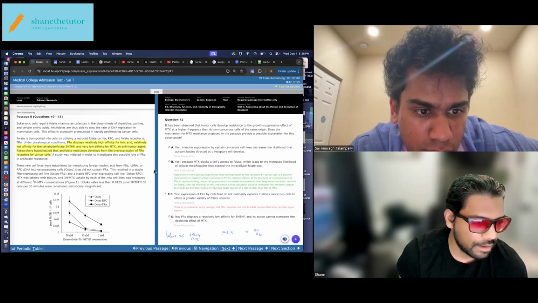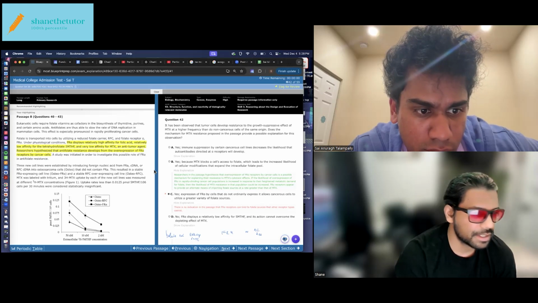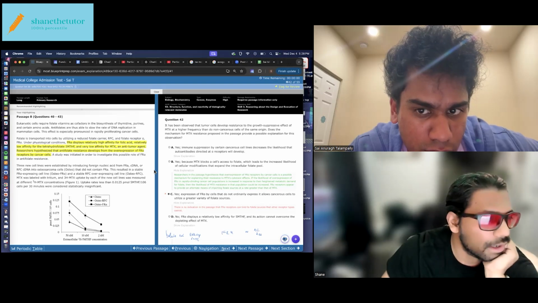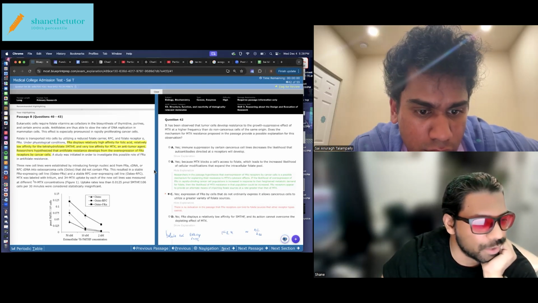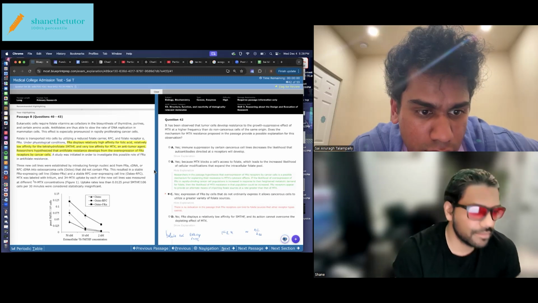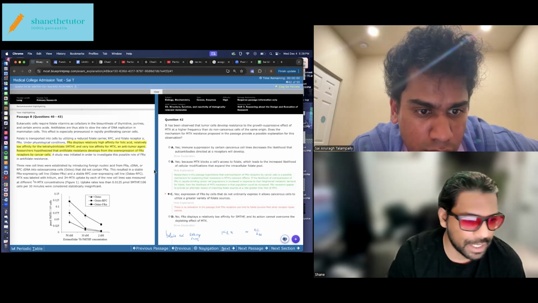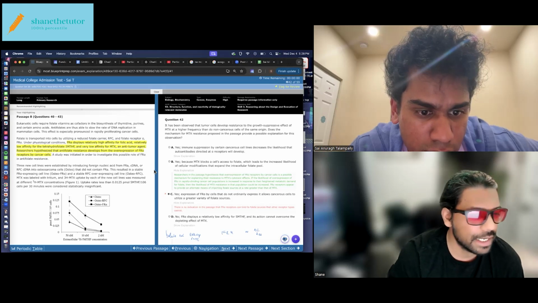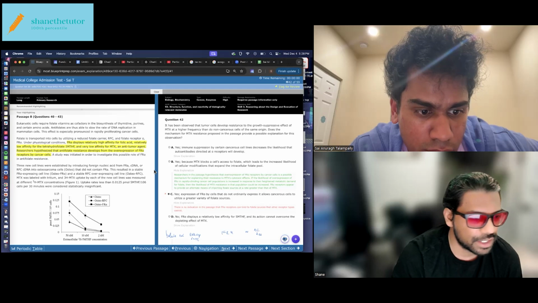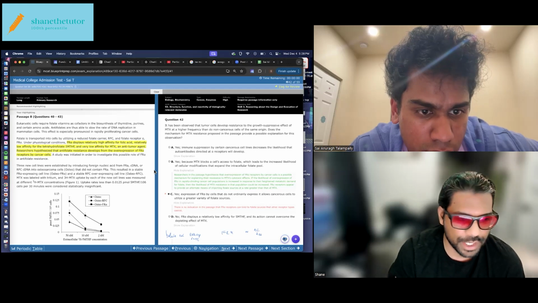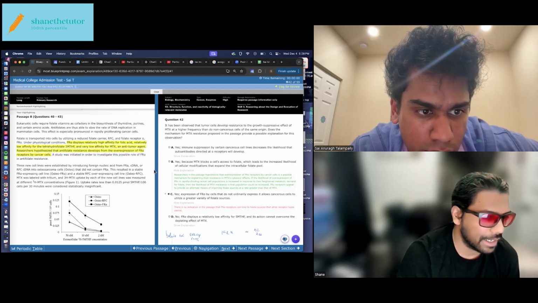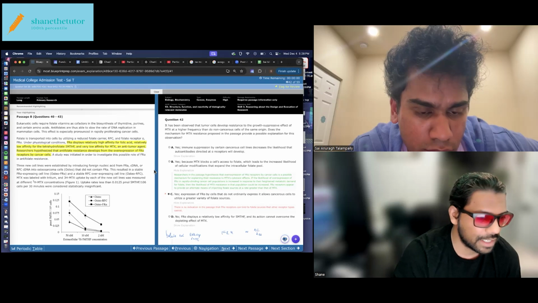Okay, and then MTX was labeled with tritium, and 3H MTX uptake by each of the new cell lines was measured at different 3H MTX concentrations, figure 1.